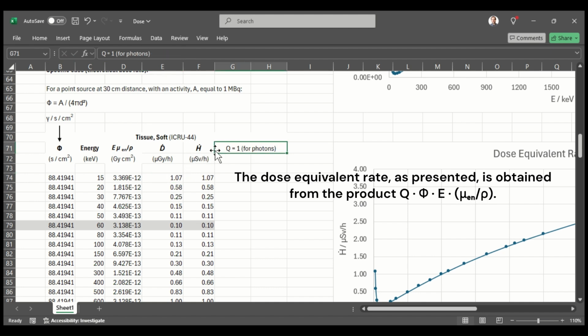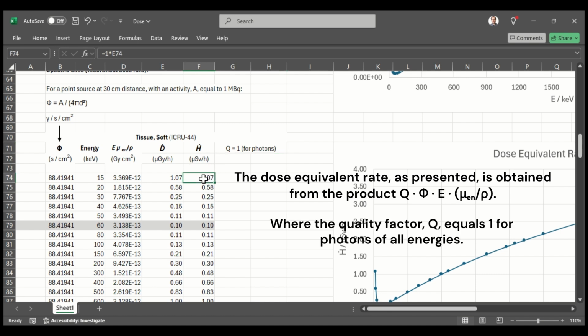The dose equivalent rate, as calculated here in microsieverts per hour, is determined from the product of the quality factor and the absorbed dose, where the quality factor equals 1 for photons of all energies.